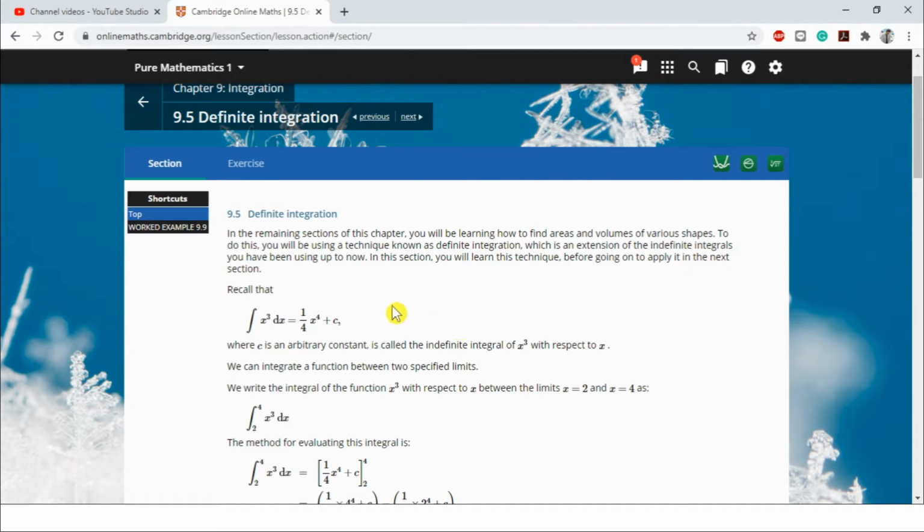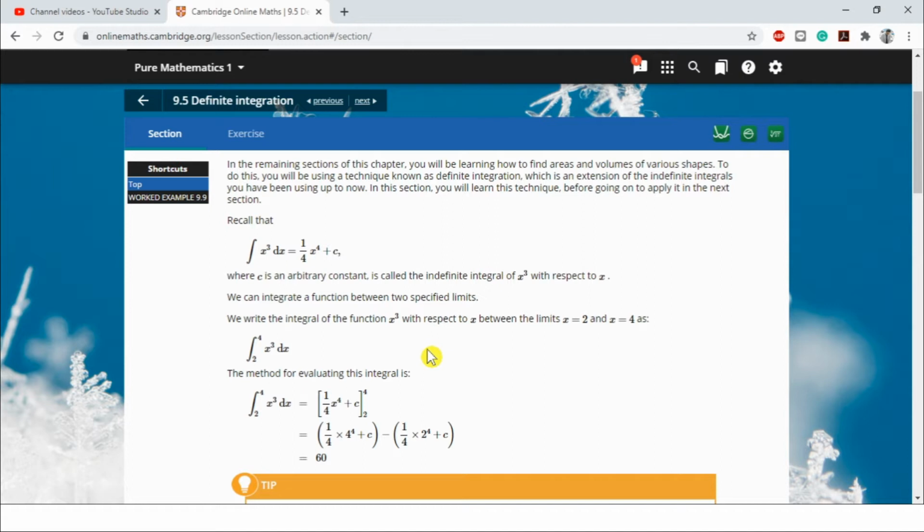So the difference between indefinite and definite integration is in the result. If indefinite, the result will be a function plus c, but for definite integration it is a number, because we put the limits of the integration, so we can calculate the exact value of the integration.